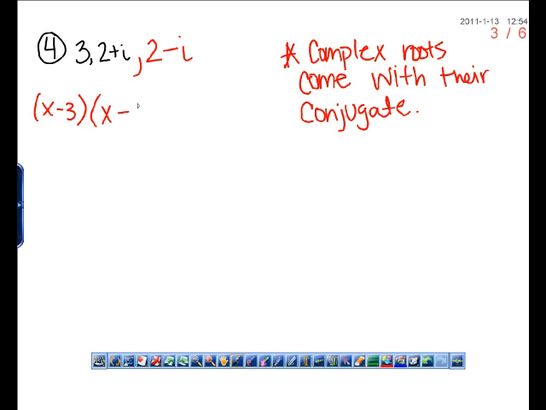It's going to be x minus 2 plus i, but you've got to put parentheses. And again, we're going to have x minus, and we're going to put our 2 minus i in parentheses.